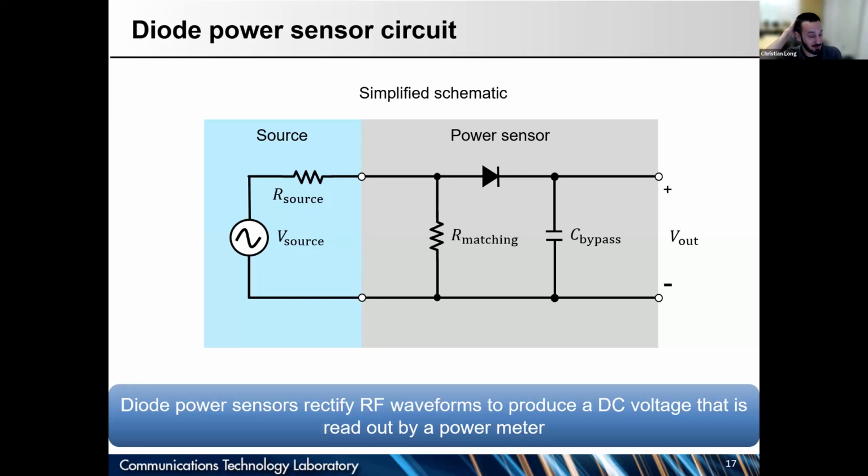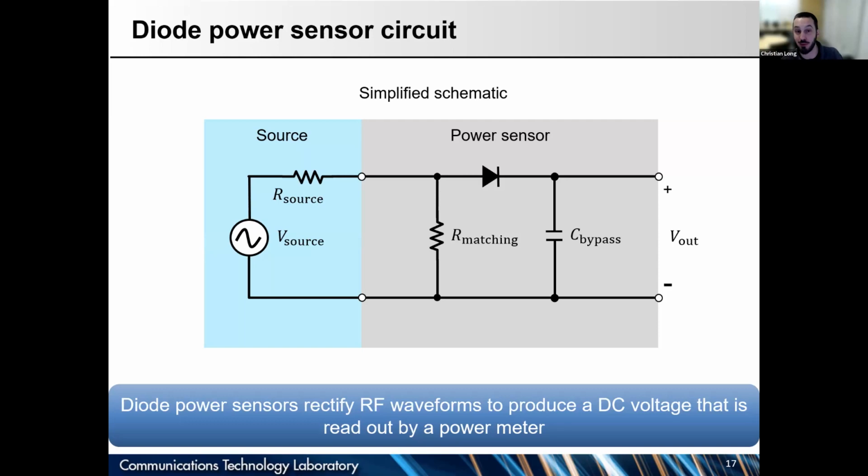So it's not ideal to use the diode itself as the termination for the RF power, even though that would give you the most sensitivity. It would also make the reflection coefficient sensitive to temperature. And we want to have a well-known and well-controlled reflection coefficient to avoid mismatch uncertainty. So you put a different resistor in there that's stable over temperature, and your power sensor will be well matched.